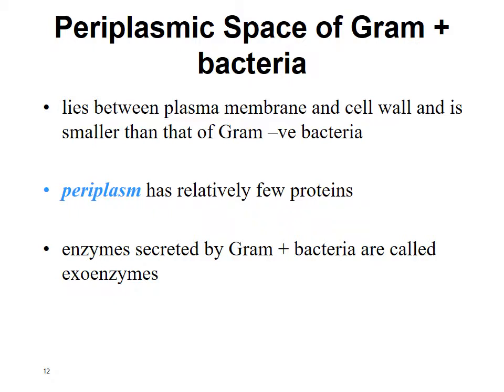Enzymes secreted by gram-positive bacteria are called exoenzymes, and they often function to break down nutrients in the environment that would otherwise be too large for transport across the plasma membrane.